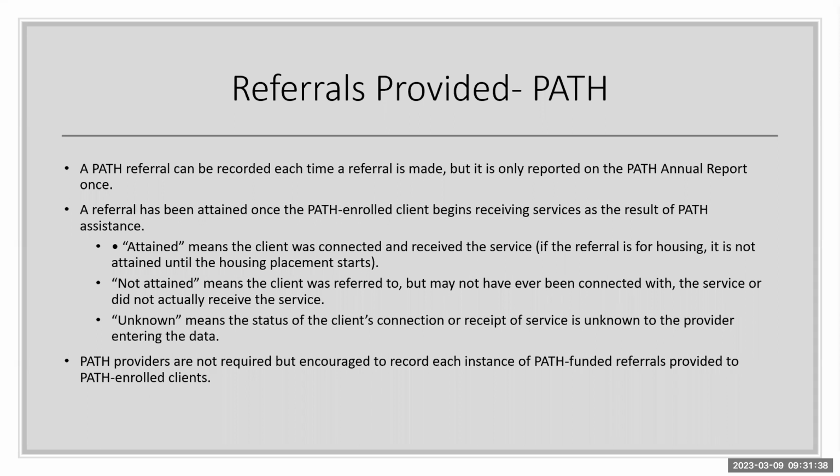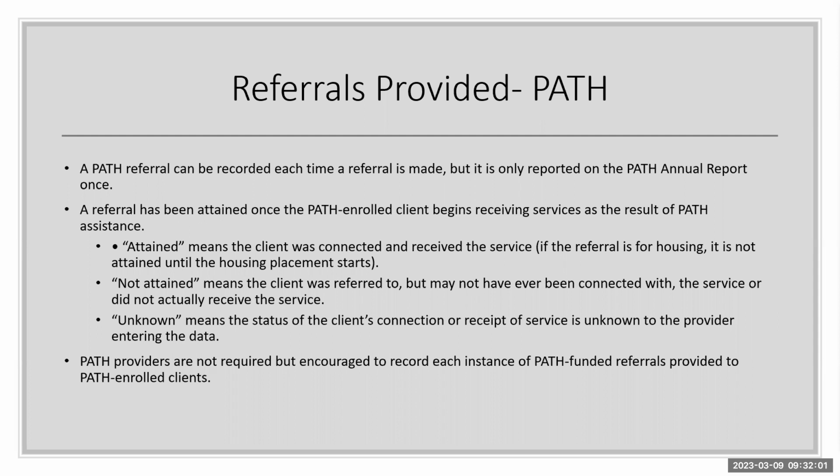Referrals are also tracked in the system for PATH funded projects. A PATH referral can be recorded each time a referral is made, but it is only reported on the PATH annual report once. So for each type of referral, a referral has been attained once a PATH enrolled client begins receiving that service as the result of their PATH assistance.